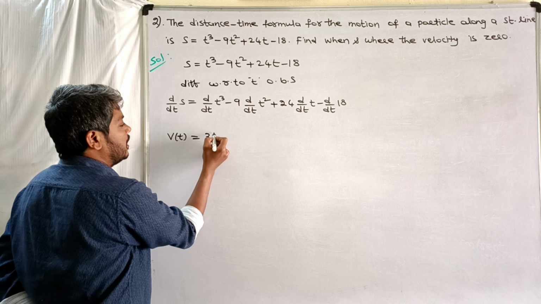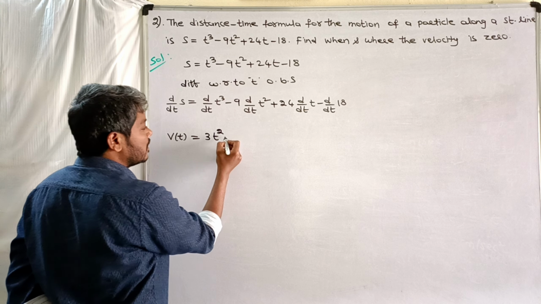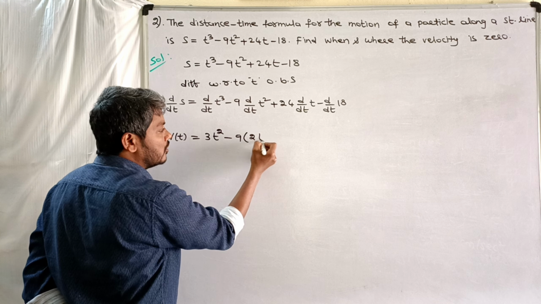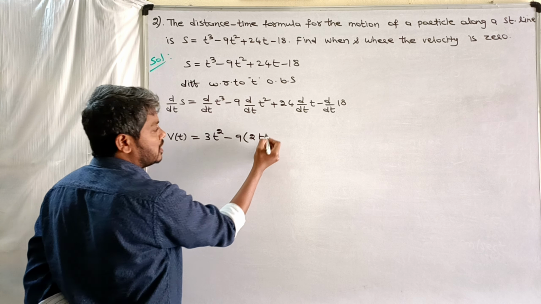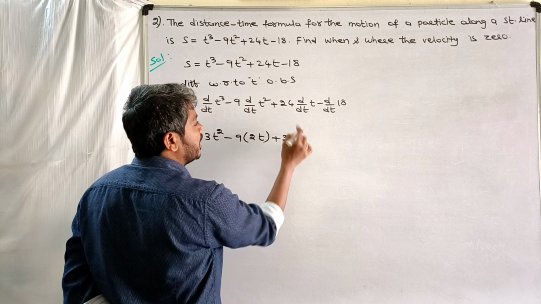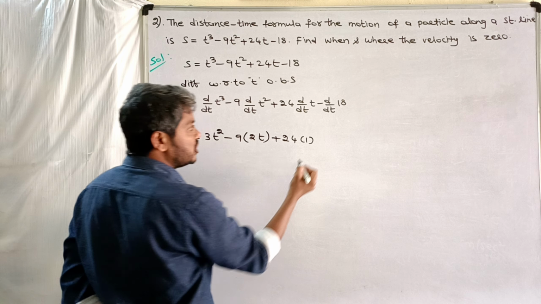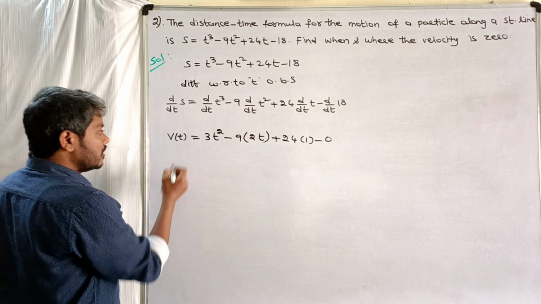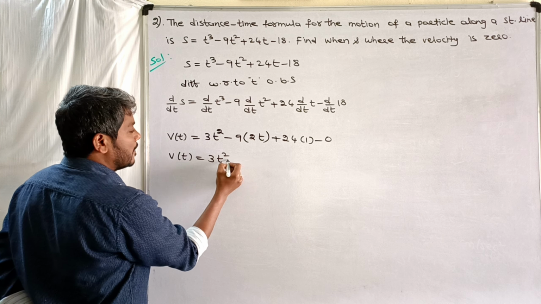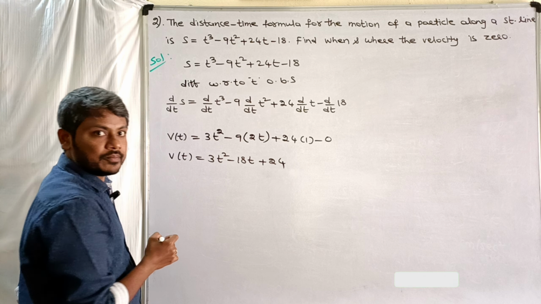That is 3 into t power 3 minus 1, that is 2, minus 9 into, again the same formula, 2 into t power 2 minus 1, that is t, plus 24 into derivative of t, 1, and derivative of constant 0. Therefore v of t is 3t square minus 18t plus 24.